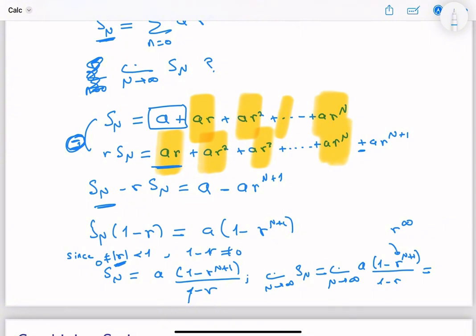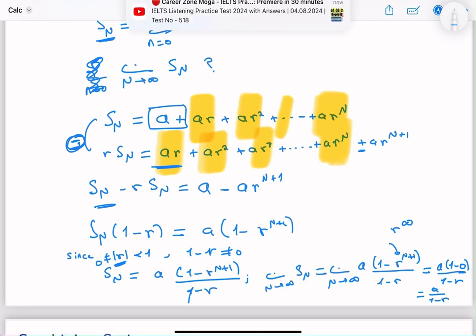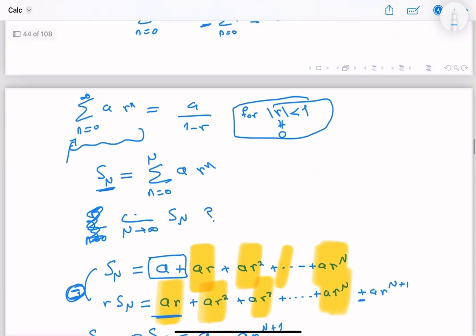Since r is strictly less than 1, quote unquote, r to the infinity is 0, then this limit is going to be a times 1 minus 0 over 1 minus r, but this is the same as a over 1 minus r, and this is exactly what we were looking for. This limit exists and it is equal to this number, and thus this series, this infinite sum of numbers, exists, and it is equal to that number.